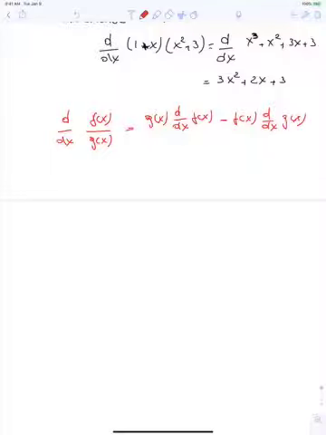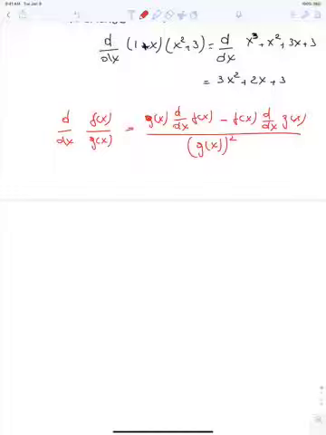So it's the denominator times the derivative of the numerator minus the numerator times the derivative of the denominator, divided by g of x squared. So the denominator squared.